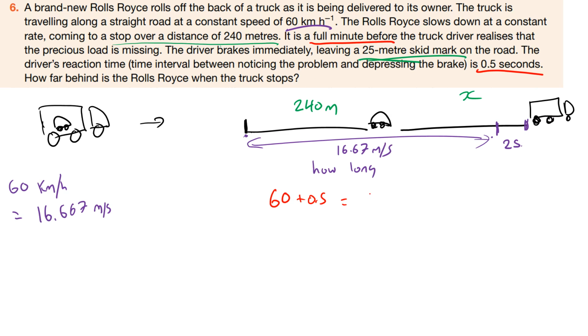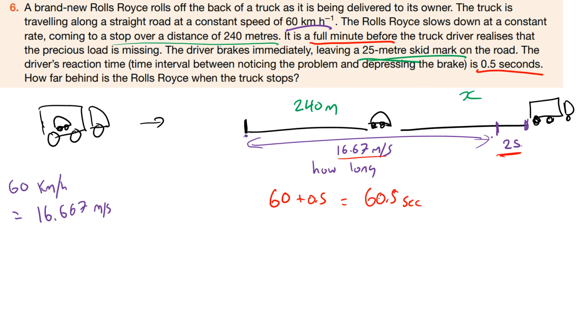So that means it's ultimately 60.5 seconds that it's traveling at this speed before it starts braking. Plus, don't forget that 25 meters at the end, because that's going to be important.